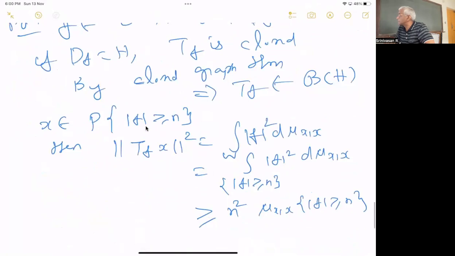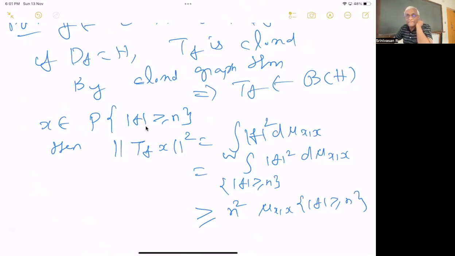Do what? The middle equality you don't need. No, that equality is okay, no? Because x is in that projection's range, the domain. Then mu_xx of the complement is 0, so this is equal to norm x squared only.